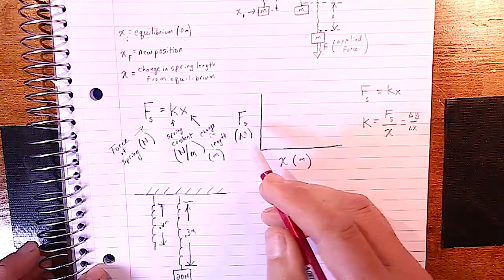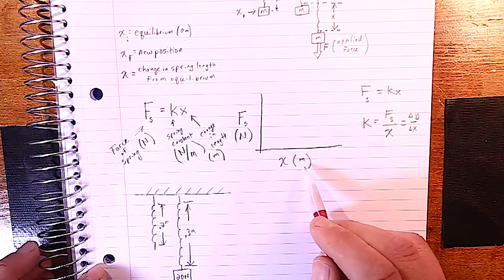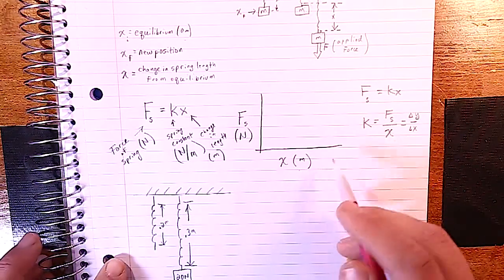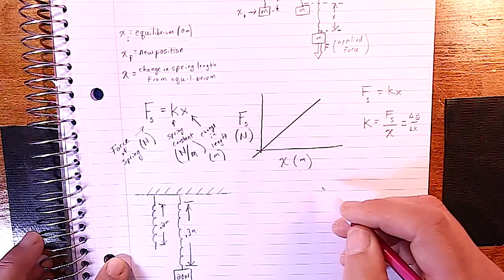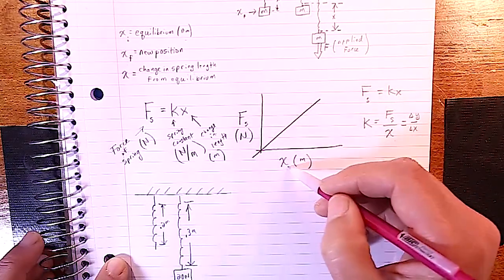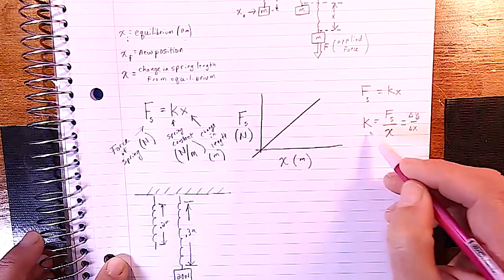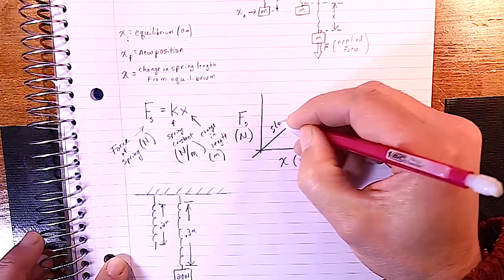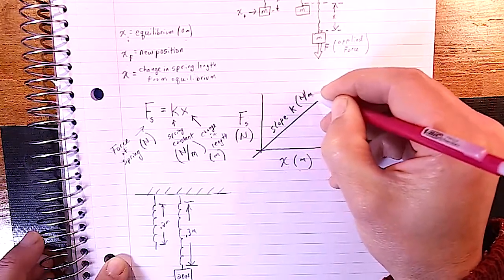So if we put Fs on the y-axis and x on the x-axis, then when we graph this, we get a linear relationship. And what's the slope of the line? The slope is change in y over change in x, Fs over x, and that's equal to k. So the slope of the line is k, measured in newtons per meter.